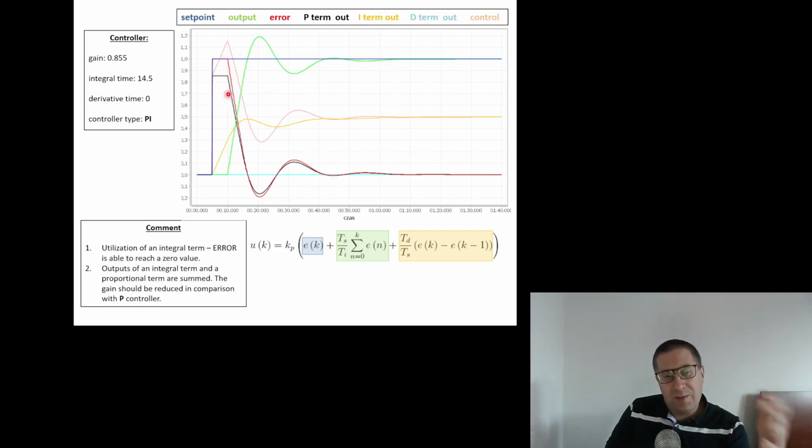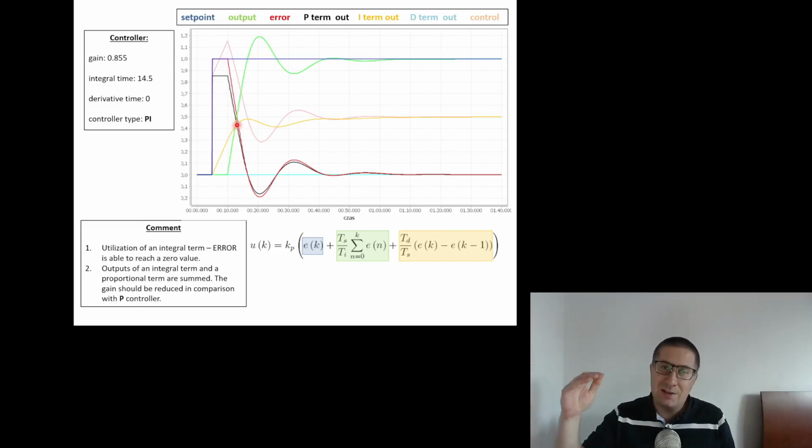It's lower than 1, but still it's positive. So the error hill is still rising. The sum of historical errors is still rising.